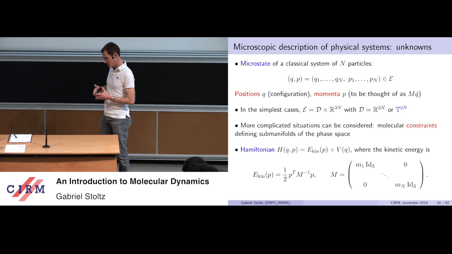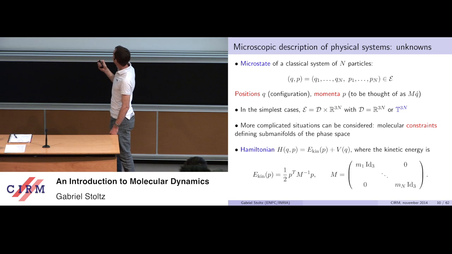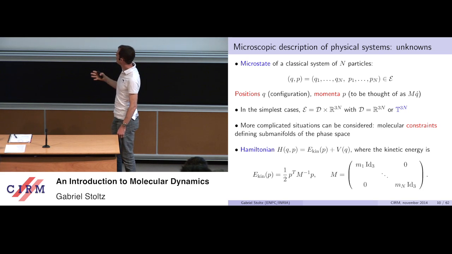Of course, in actual systems, you never know the complete microscopic configuration because you don't know the position of every atom with arbitrary precision, and you don't know the velocity of all the atoms either. It's convenient to have in mind that the microstate gives the full information of the system, but this will not be the way we will think about it in the next slides.